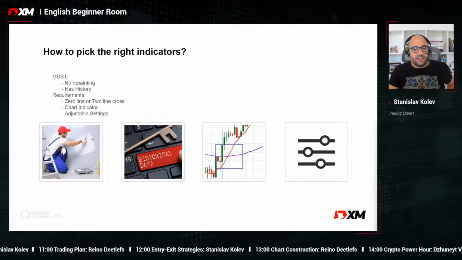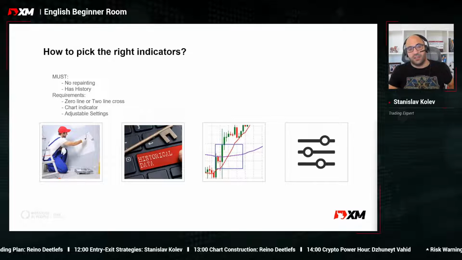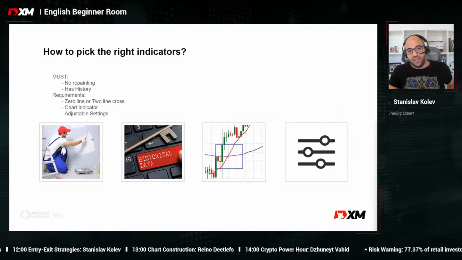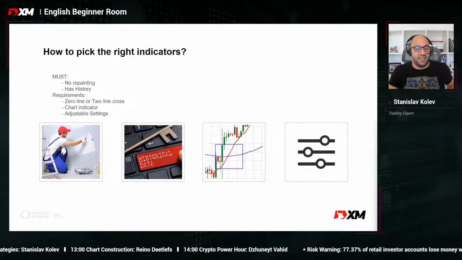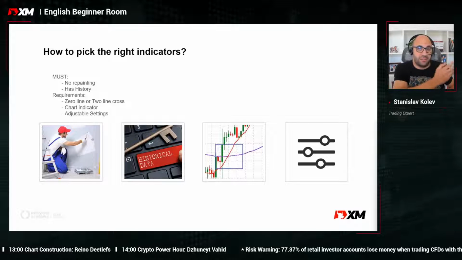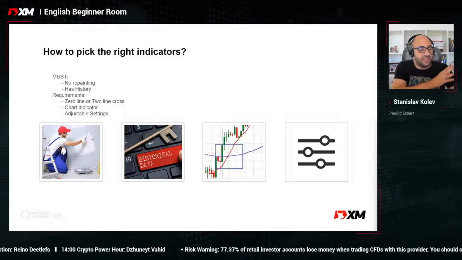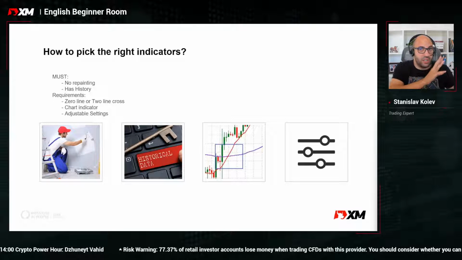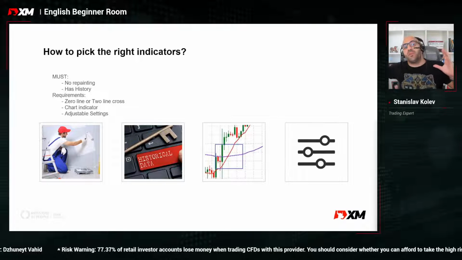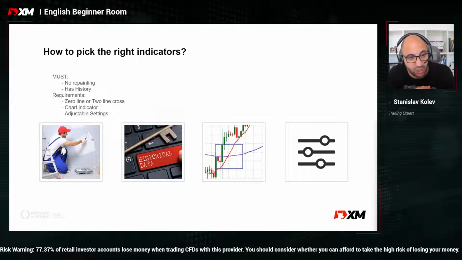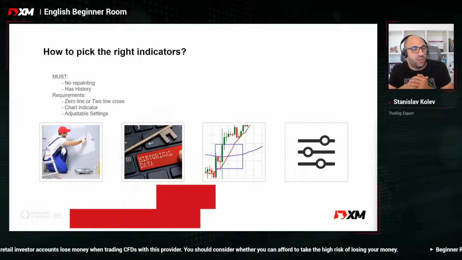The ultimate answer is simply because when I have historical data, I can check if that particular indicator in history has been performing well, which is going to increase the probability that in the future it would also perform well.